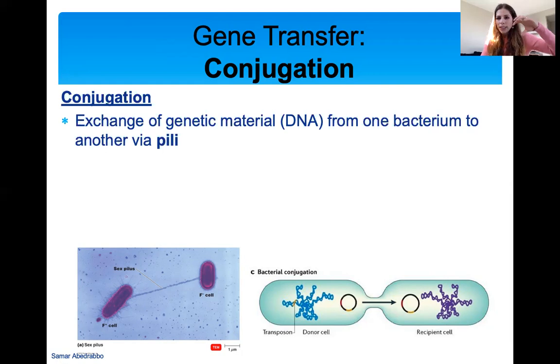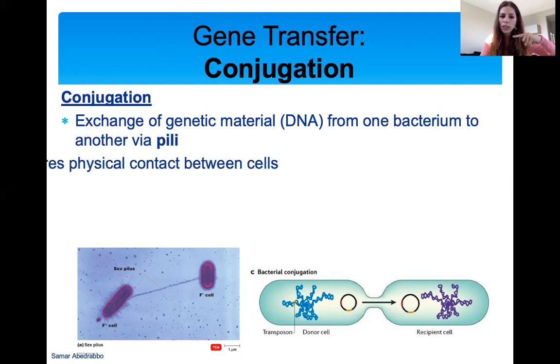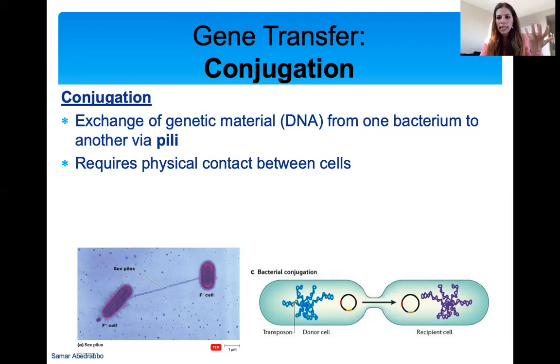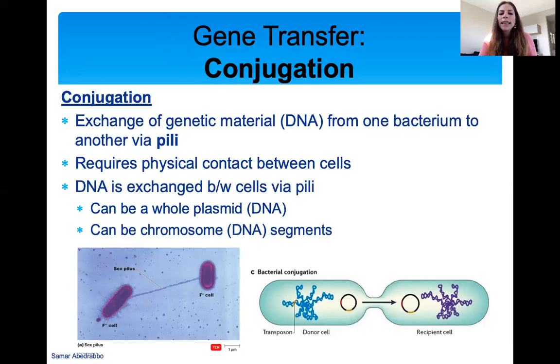So if this bacteria has pili and this bacteria has pili, and they're in close contact, the pili will connect and the bacteria can exchange DNA between each other. You have to be physically connected and close. You can't have one bacteria here and one a mile away and they do conjugation. They have to be very close to each other. And then DNA is exchanged between cells by pili.